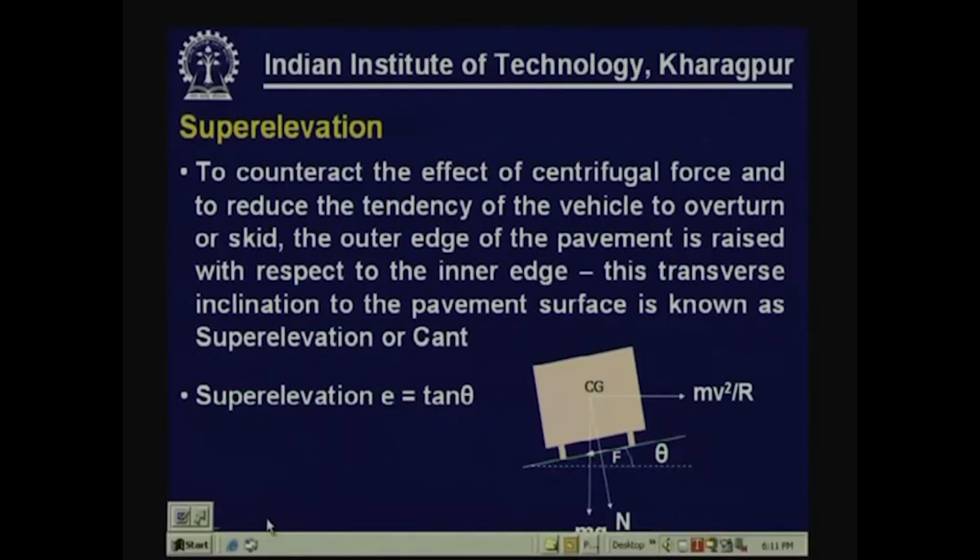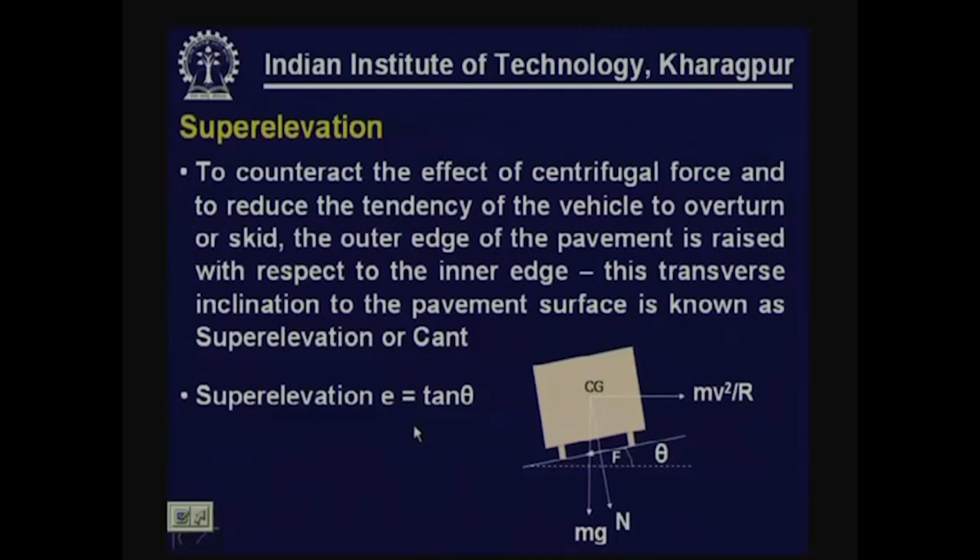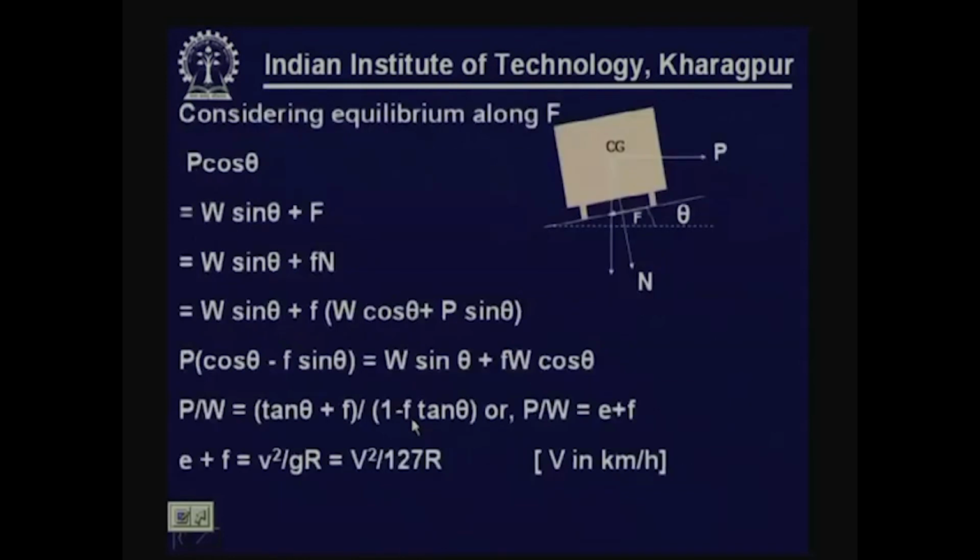Now, let us see the analysis. Let us consider the same vehicle again, where we have provided a slope in the transverse direction of an amount theta, so that the super elevation is tan theta. Now, this P, the centrifugal force, is acting in the outward direction.